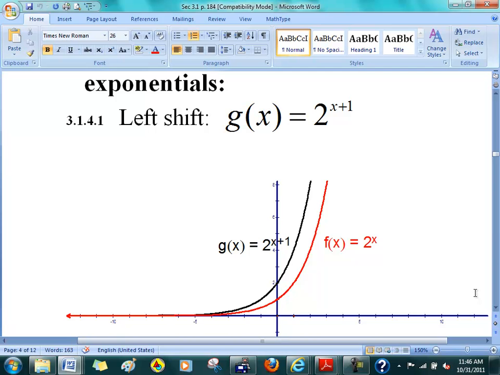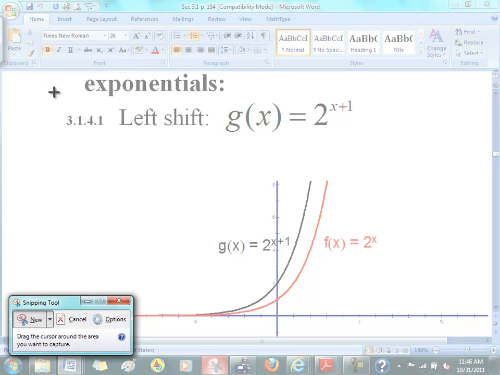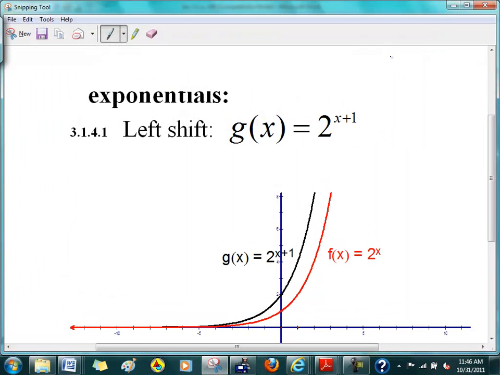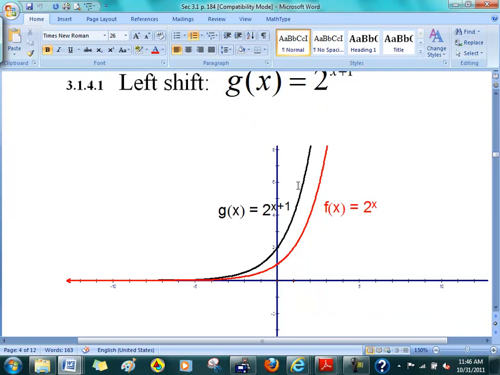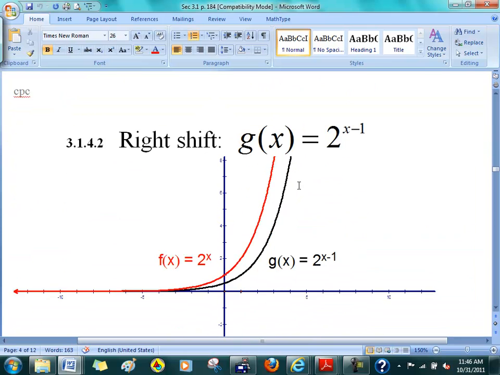Right, you guys remember this, right? From back from the old days. If you've got a function f(x), then a left shift would be represented by f(x plus c), or a, where a is a positive number. So that's your left shift. Here's your right shift.